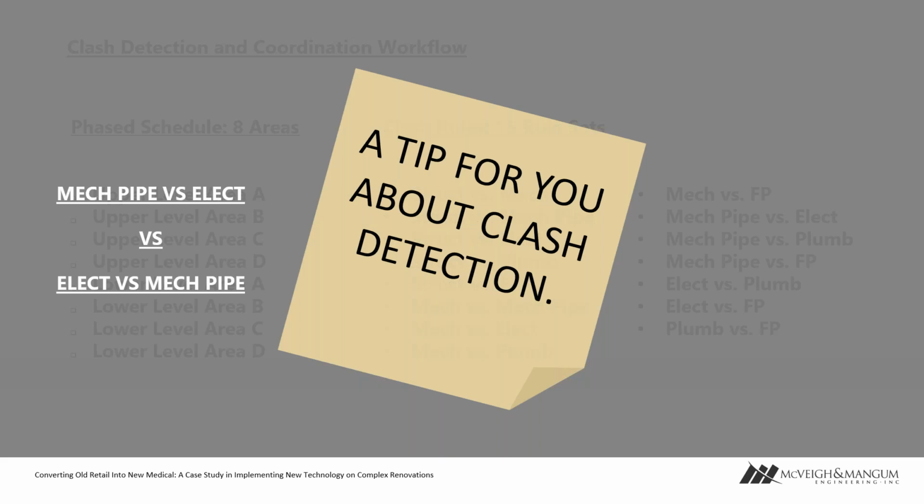If you have a mechanical pipe versus electrical clash detection, and then the next guy enters it as electrical versus mechanical pipe, those two don't integrate. So once you start seeing BIMTrack and how you can leverage the filters and see all the information, this creates two different categories of types of clashes. You really need to pay attention to it, because you don't want to realize that you have 80 mechanical pipe versus electrical, and then 40 electrical versus mechanical pipe.